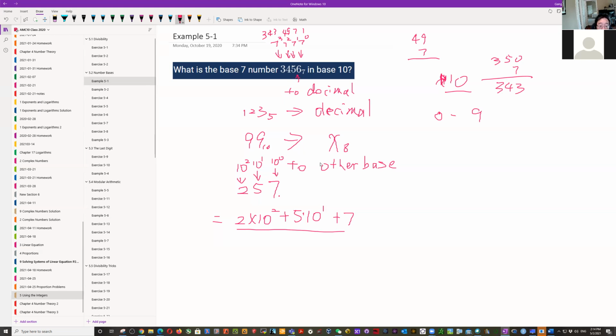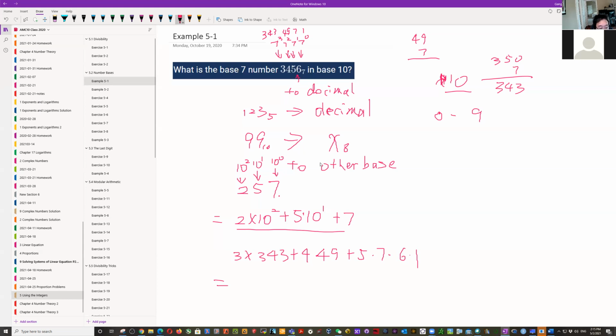If you expand the power format, it becomes 3 times 343 plus 4 times 49 plus 5 times 7 plus 6 times 1. That's the power expansion of this number.